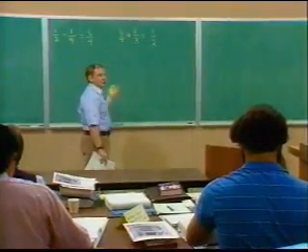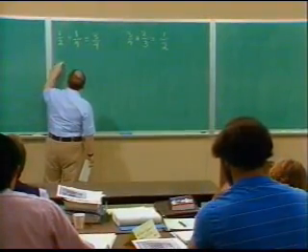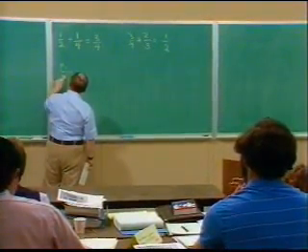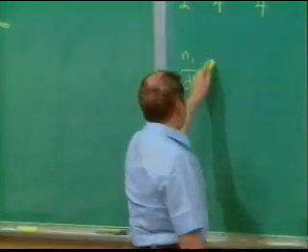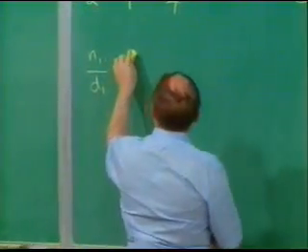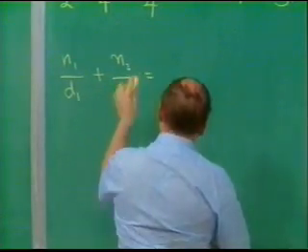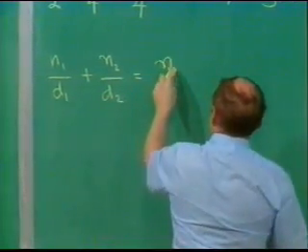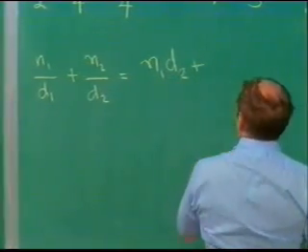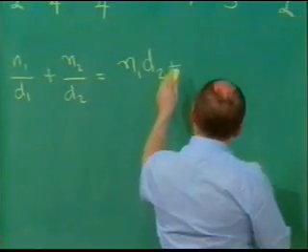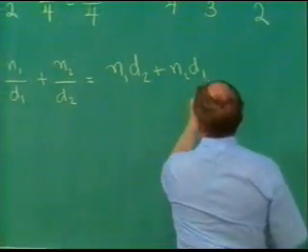And you know what I have in mind. You also know how to do this from 5th grade or 6th grade. There are these formulas that say if I have some fraction, which is a numerator over a denominator, and I want to add that to some other fraction, which is another numerator over another denominator, then the answer is the numerator of the first times the denominator of the second plus the numerator of the second times the denominator of the first.